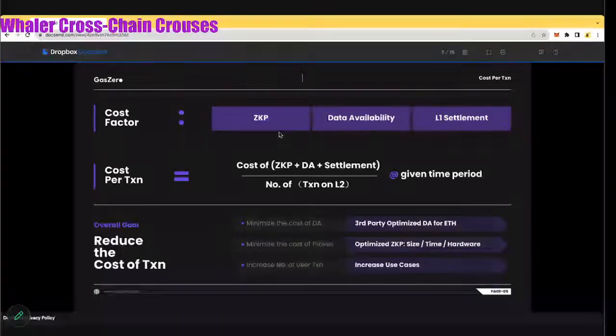So for example, if we have 1,000 transactions in 1 hour, the cost is pretty high. If we have 10,000, the cost per transaction will be way less because we are using the same infrastructure for 1,000 and for 10,000 transactions. More transactions will share the infrastructure costs between them.